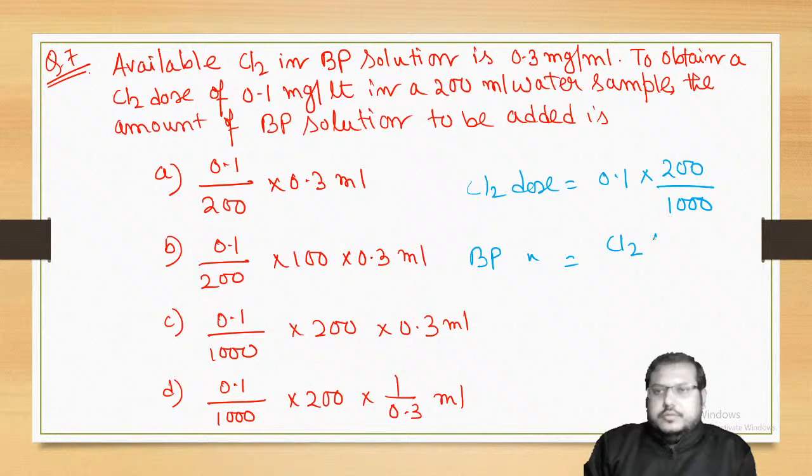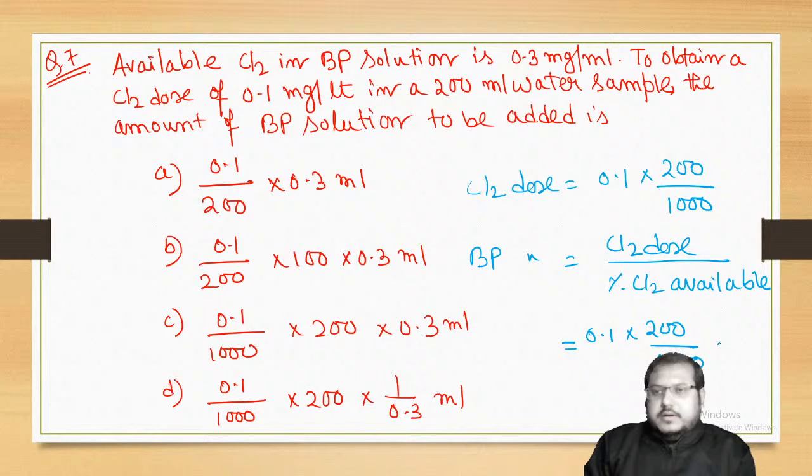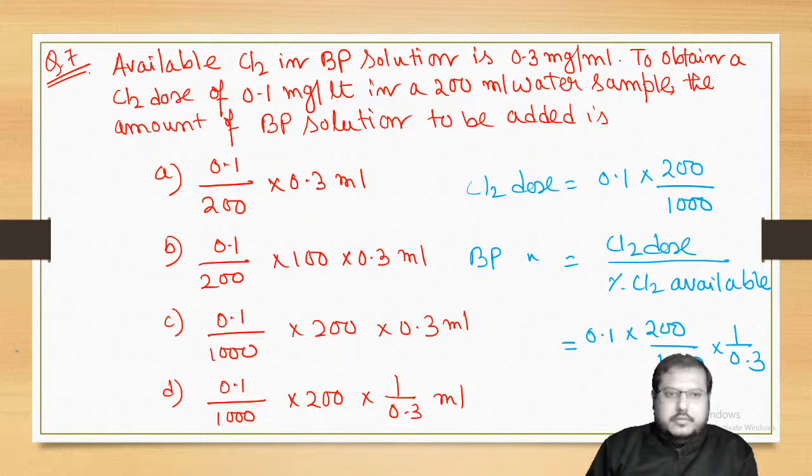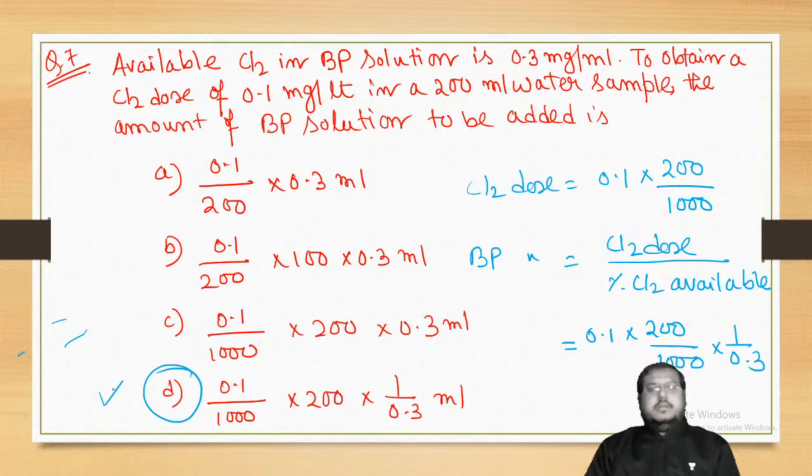It's chlorine dose by percentage chlorine available. Here it will be 0.1 into 200 by 1000 into 1 by 0.3. So option D will be your correct answer.